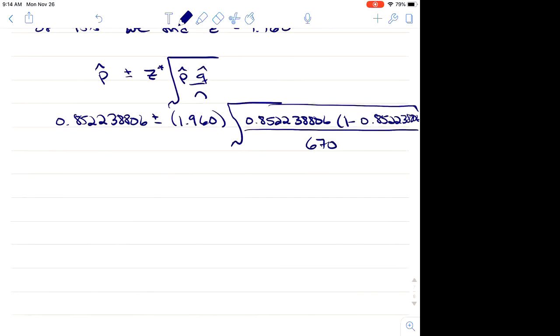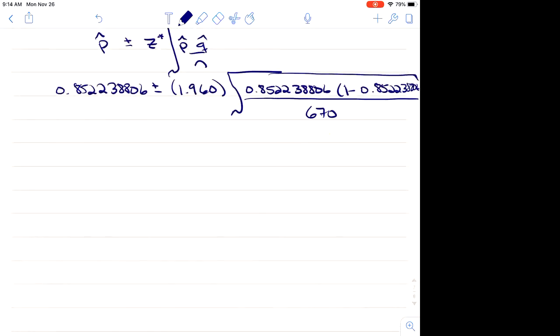So, all right, 1 minus that, times that, divided by 670. I'm going to do most of it in one go. So I get plus or minus 1.96 times, only because there are so many decimals, I don't want to write them out a ton of times. Did I do my square root?